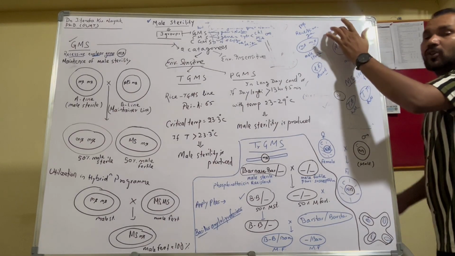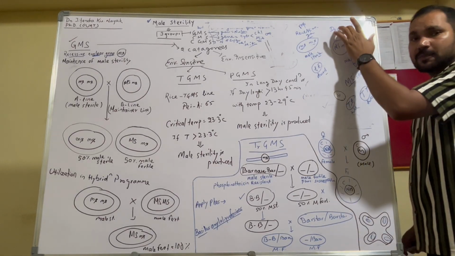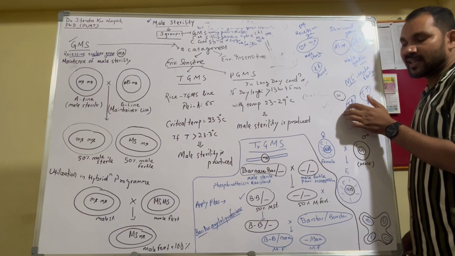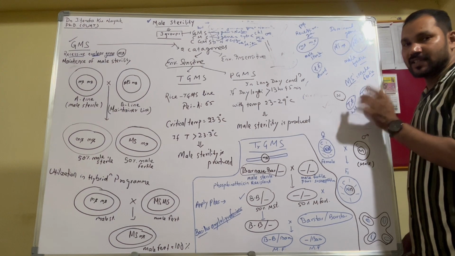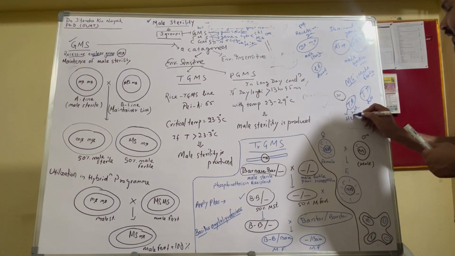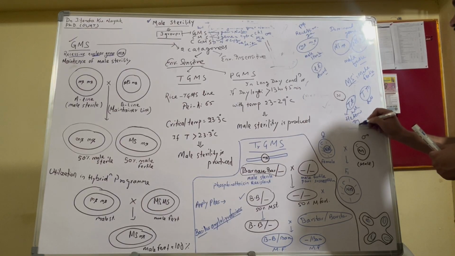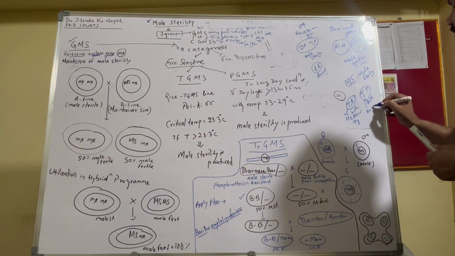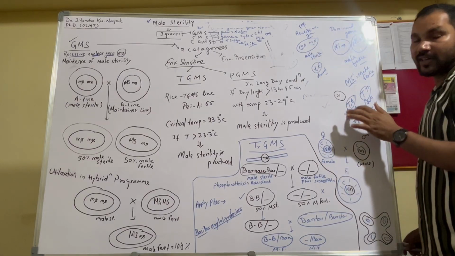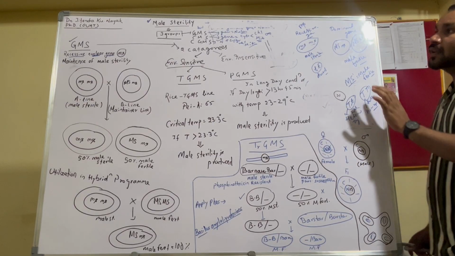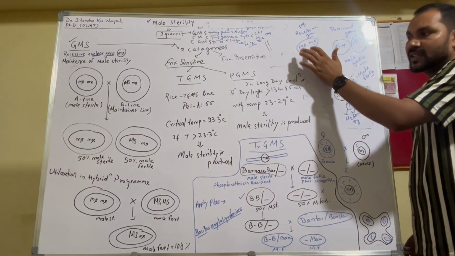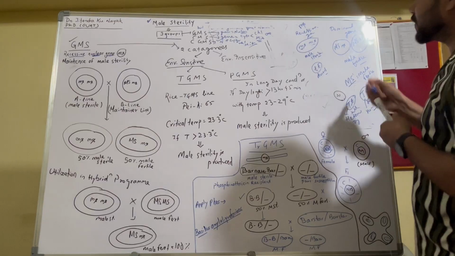So whenever we have a dominant gene, it is expressed in the heterozygote condition, where one allele is dominant and the other recessive, as well as in the homozygous condition. But the recessive gene is expressed always in the homozygous condition.